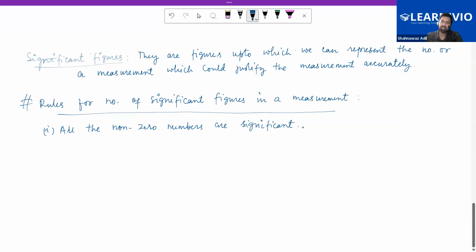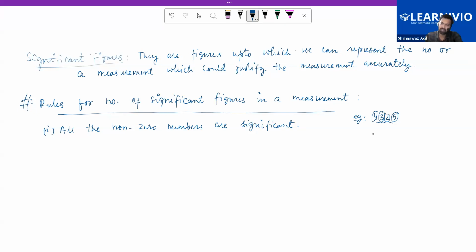So if I write, let's say, 4325, how many significant figures do I have? We have 4 non-zero numbers, right? Whatever amount of non-zeros I have, all those are significant figures.